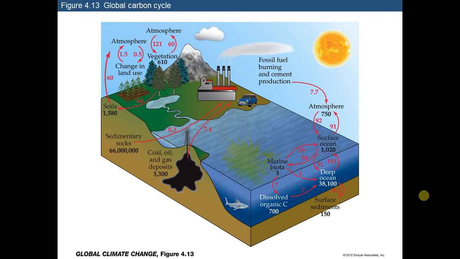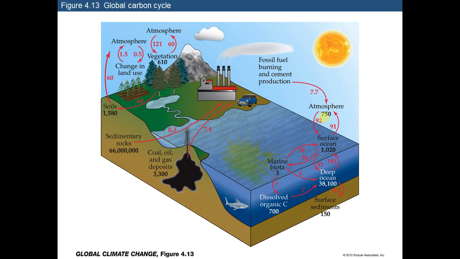So the larger the number in black, the larger the size of carbon in that storage pool, okay, or in that location. And again, these numbers are in units of billion metric tons, and a billion metric ton is 10 to the 15th grams, okay? So for example, there's 750 gigatons of carbon in the atmosphere, and that includes the carbon in carbon dioxide, in methane, and carbon monoxide.